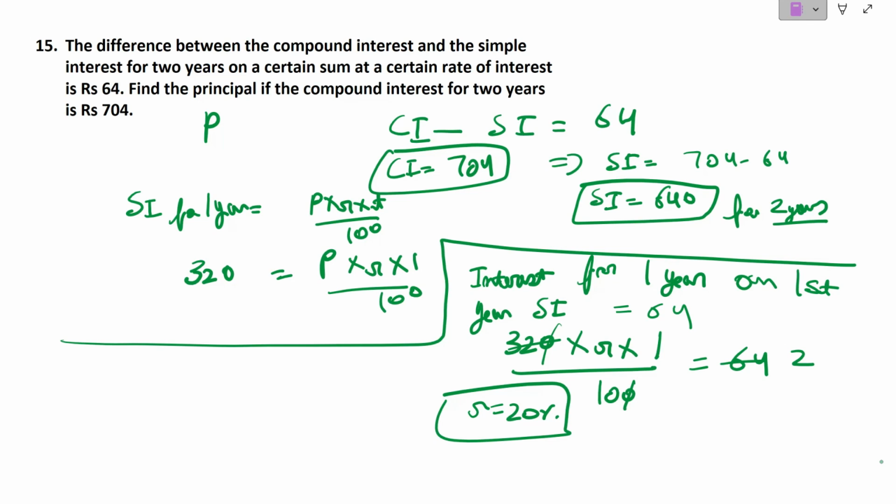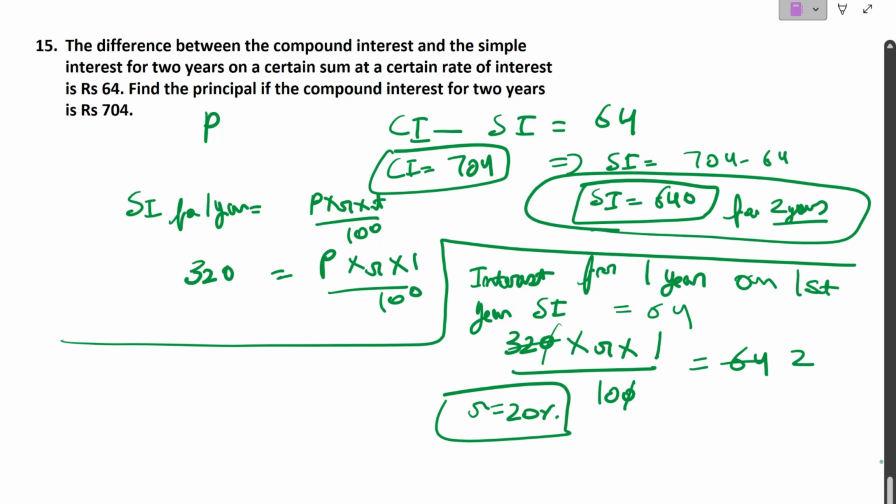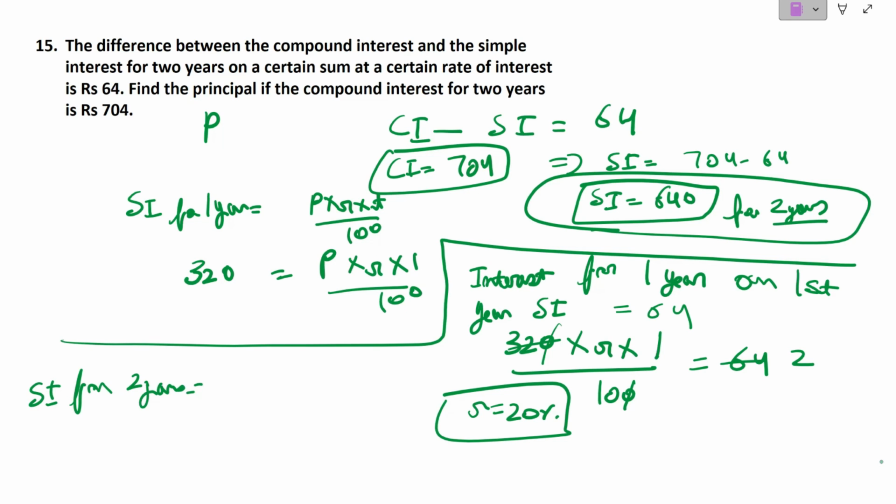So by using this logic, we have calculated the rate of interest. Now, since we have the rate of interest and we also have the simple interest for 2 years, what is the simple interest for 2 years?